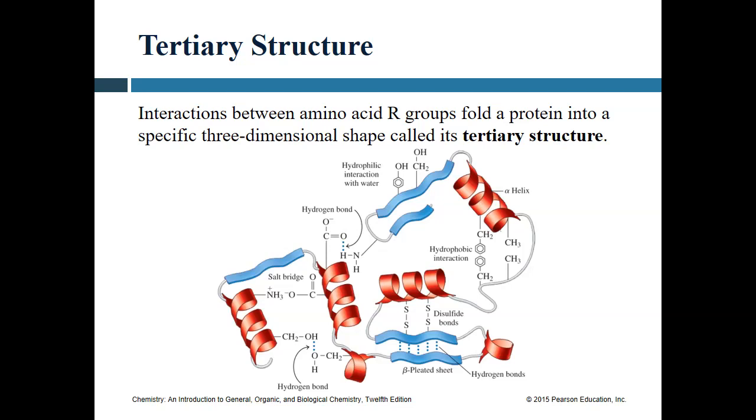This might happen in one region of the protein chain. In a different region, they might get an alpha helix. But what we'll start to see is that these different parts of the protein are going to start to interact with one another.